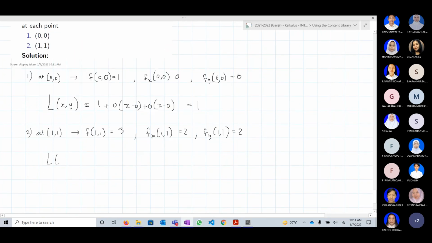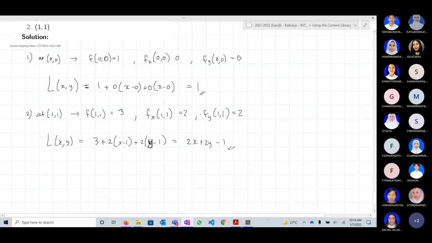So here the linearization L(x, y) is equal to 3 plus 2 times x minus 1 plus 2 times y minus 1. So here we have 2x plus 2y, 3 minus 2 minus 2, minus 1. Yeah, that's it. Any question for this one?